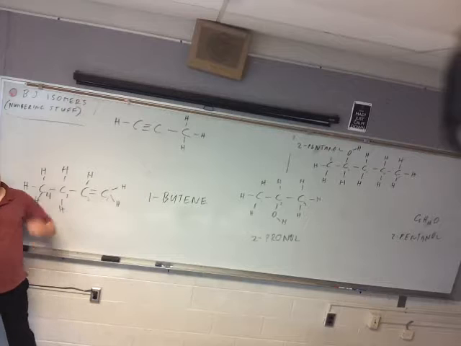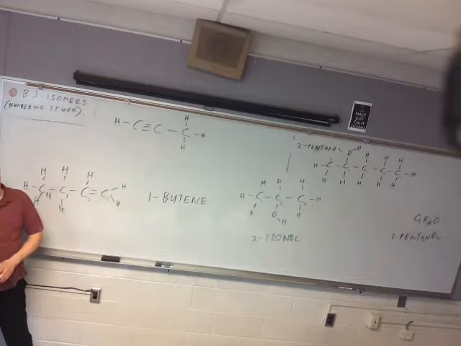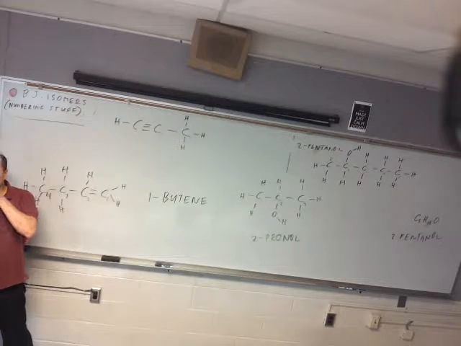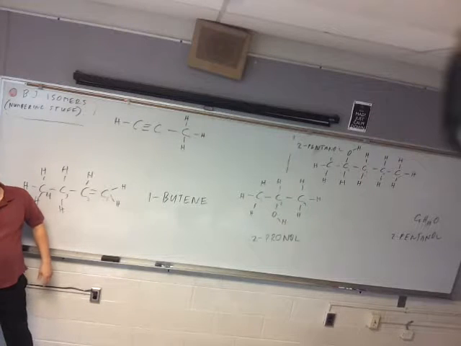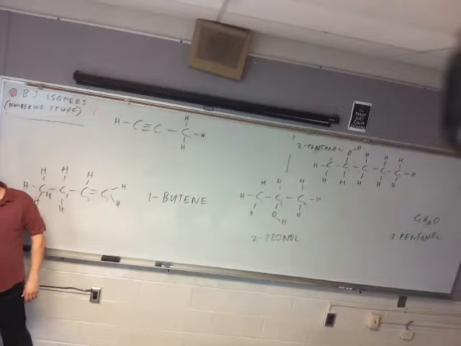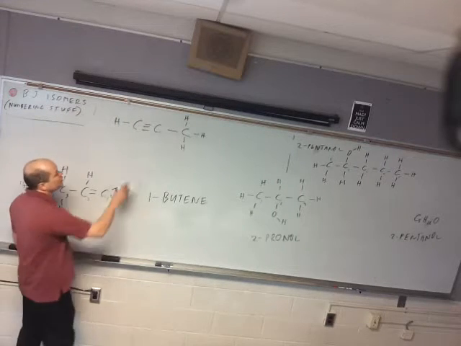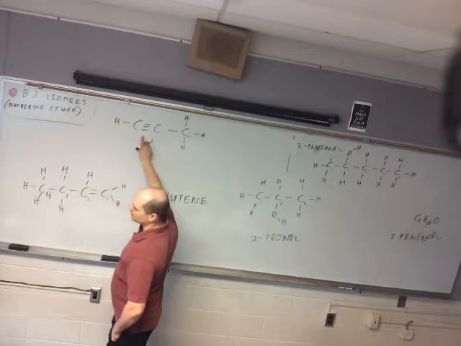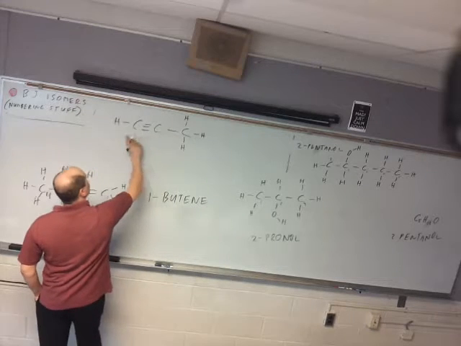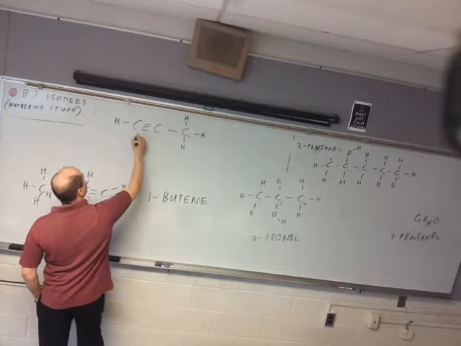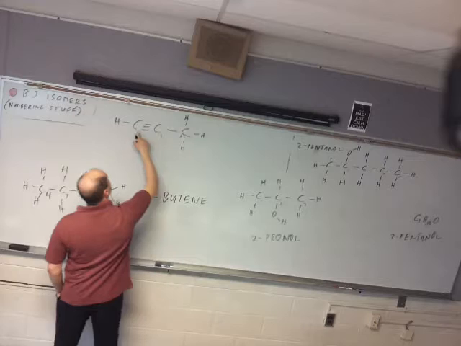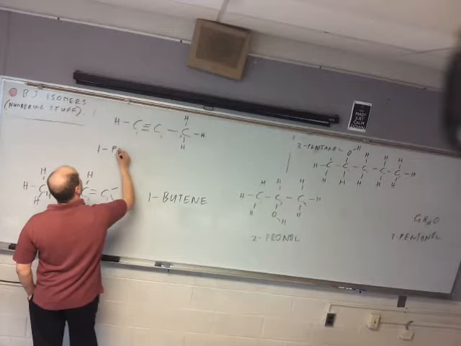All right. 1-propyne, right? It's got a triple bond, so it's going to have YNE as the ending. It has 3 carbons, so it gets prop. 1, 2, 3. This will be 1-propyne.